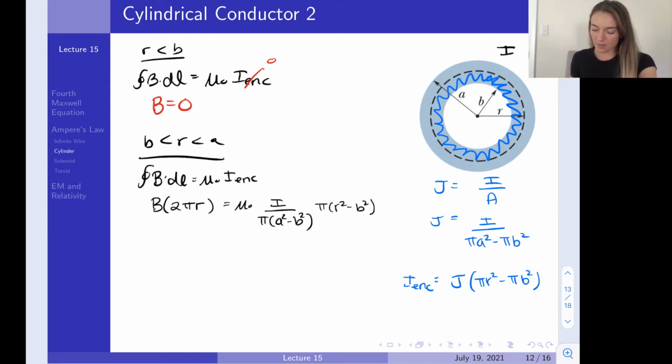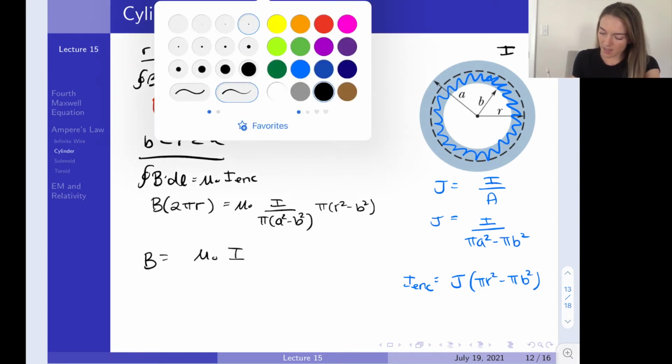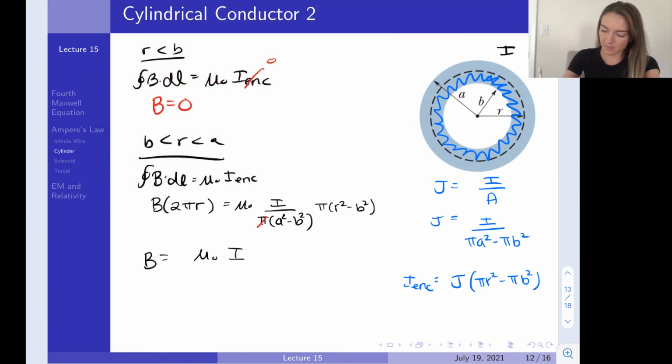And now I can divide by 2 pi r to get the magnetic field. So I have mu naught I, this pi and this pi cancel. So I'm left with just a 2 pi r here, but then I have this r squared minus b squared, and then I have this a squared minus b squared.